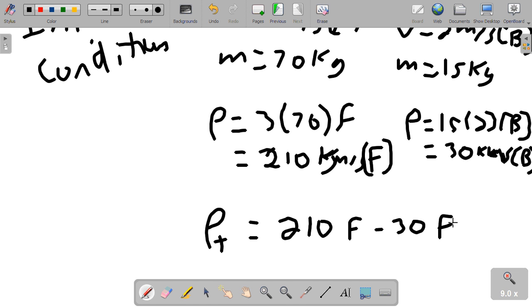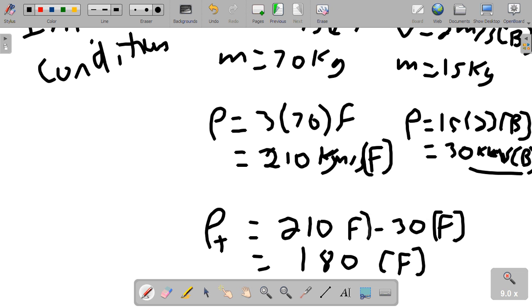See, to get the total momentum, you add the momentum. But if I want to add 30 kilogram meters per second back, that's the same as subtracting 30 kilogram meters per second forward. So that gives me 180 kilogram meters per second forward. And let me put that F in brackets just to remind you that's the direction. So our total momentum is 180 kilogram meters per second forward.